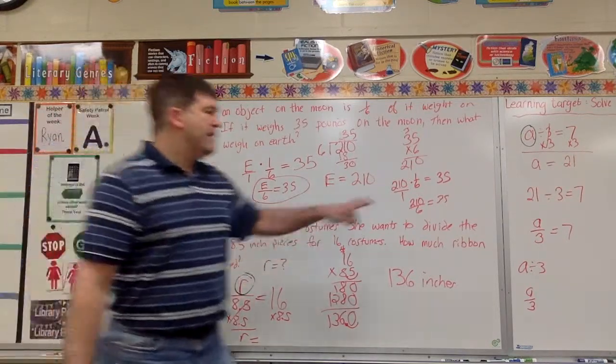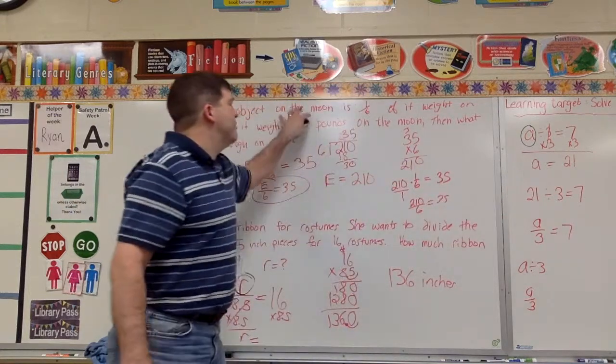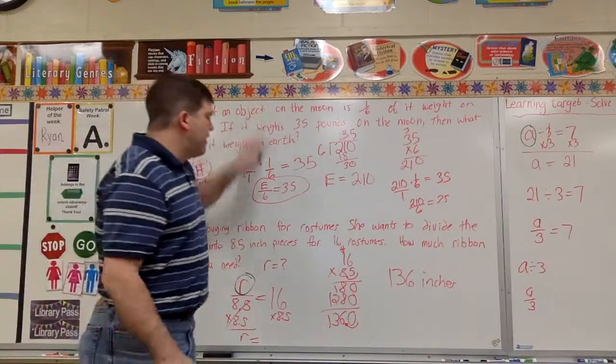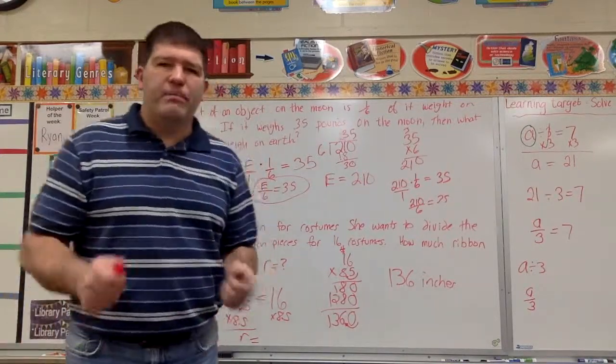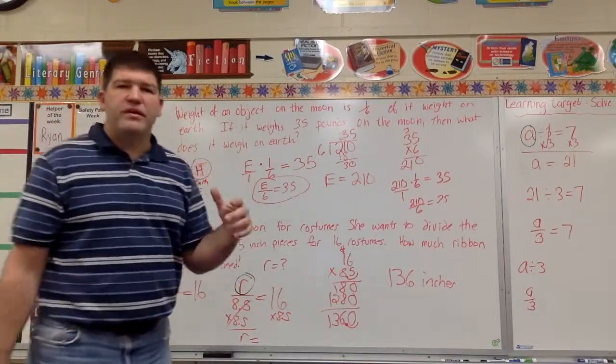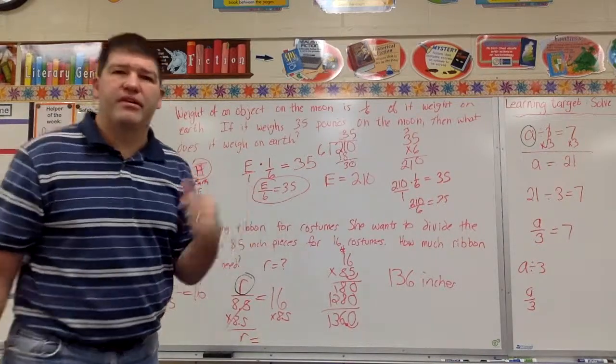Okay? I think these are fairly straightforward for you. It's when you start to put things into words and have to figure things out, with these word problems, you always want to ask yourself what makes sense. Okay? So like on this one, we know the moon is going to be 1/6 the weight of something on Earth.